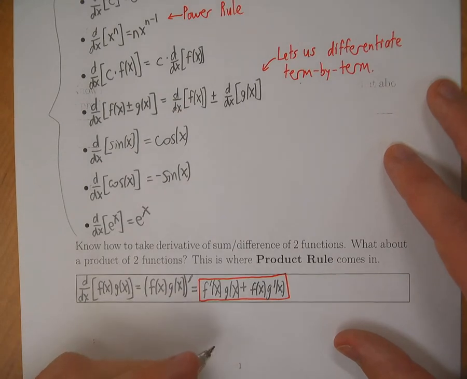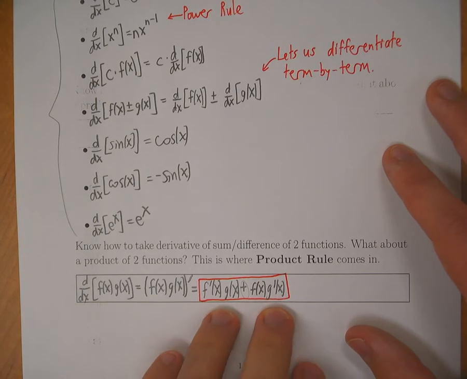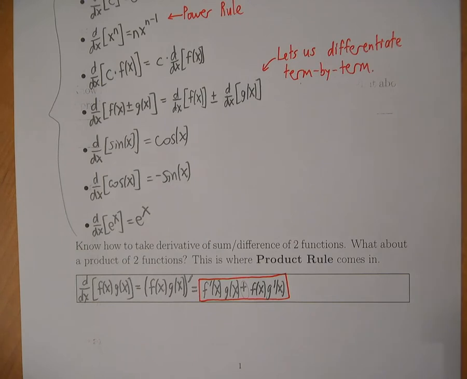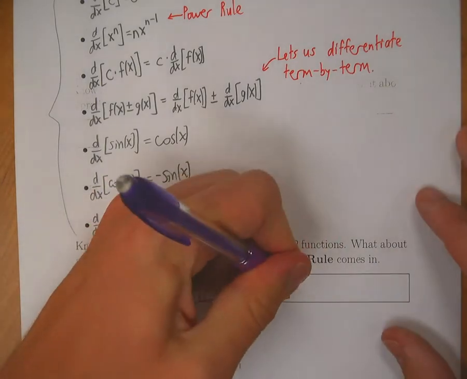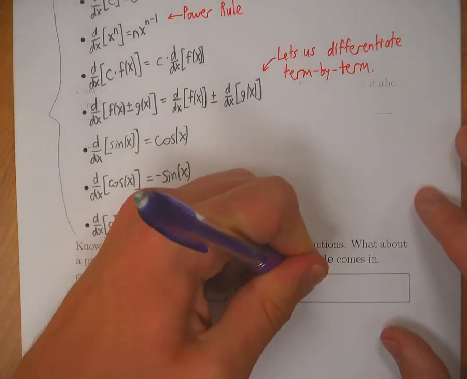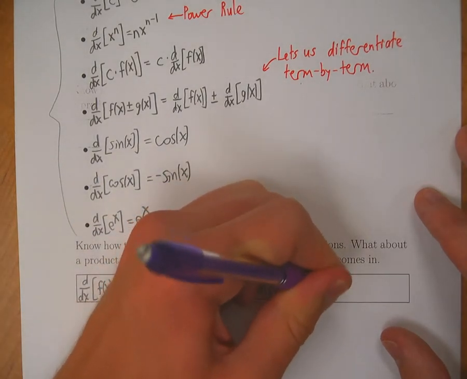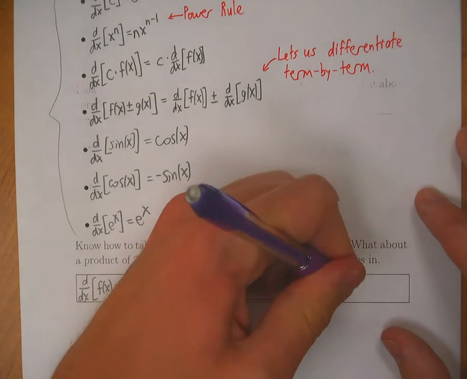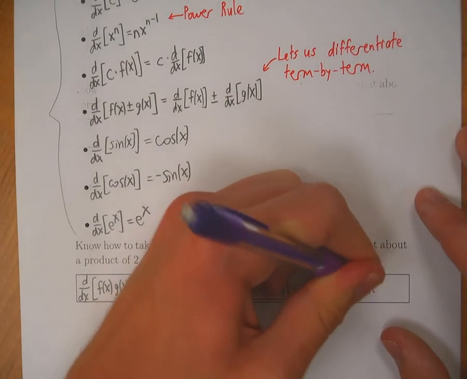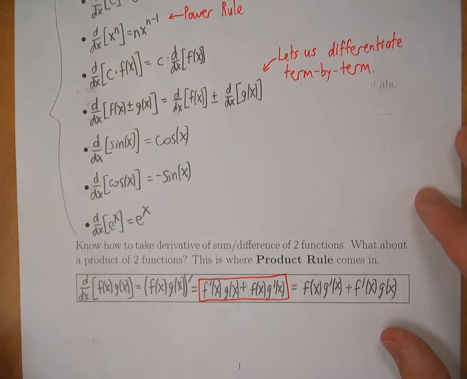But here's the nice thing. We have an addition sign here, right? So that means you can basically just switch the order of these two terms, and it would not affect the product rule at all. So what I mean by that is I can just as easily say this is f of x times g prime of x plus f prime of x times g of x. Okay?